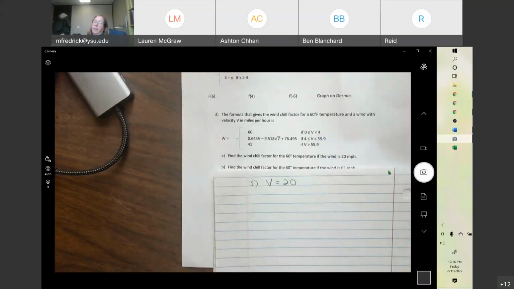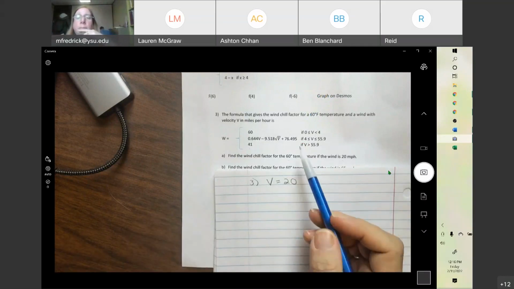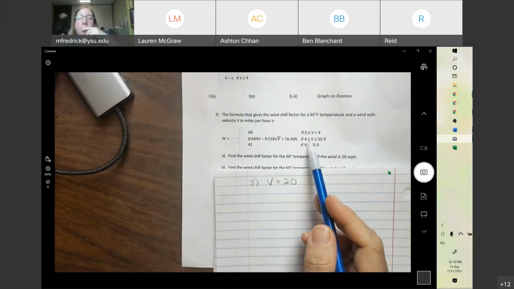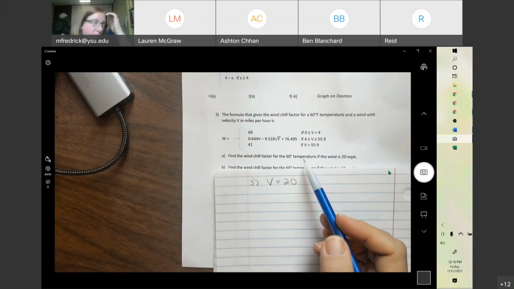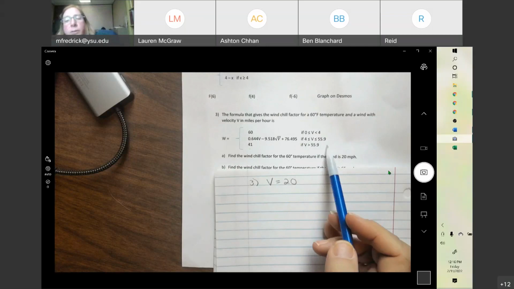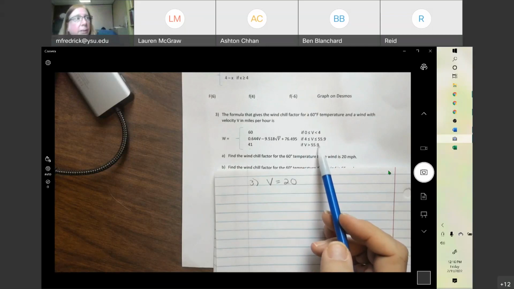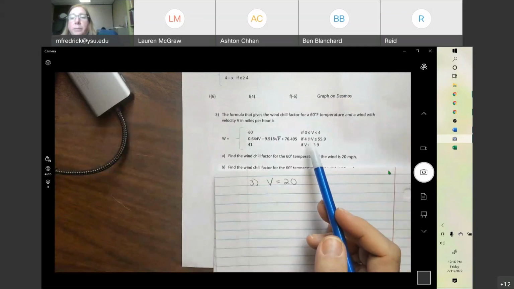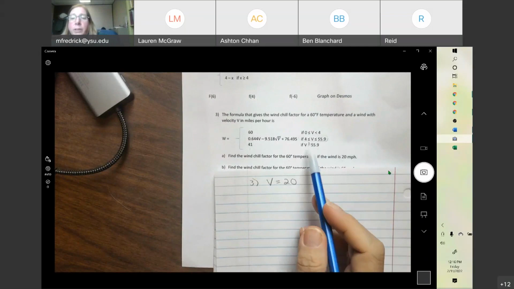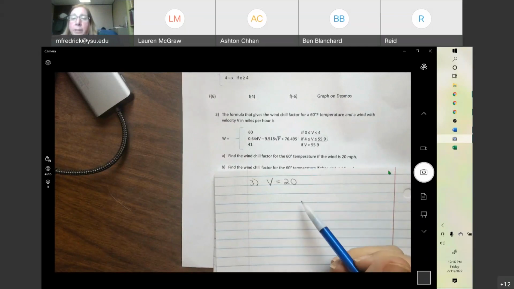Someone needs to type it in the chat. Which one would the V fall into, the 20 miles per hour? Top, middle, bottom. On a test, the biggest mistake is choosing the wrong one, and so I want to make sure you understand it. Thank you. So it's the middle, because 20 is between 4 and 55.9.